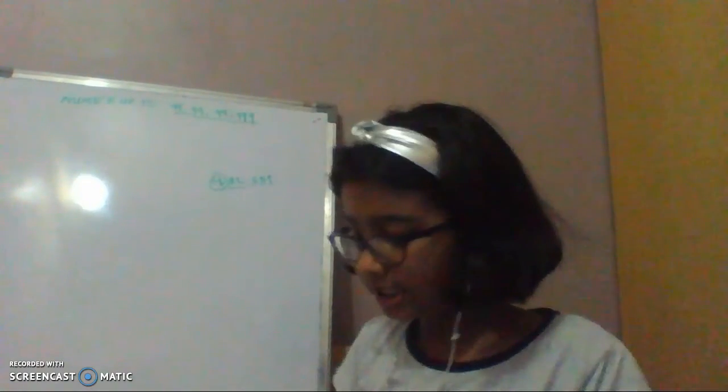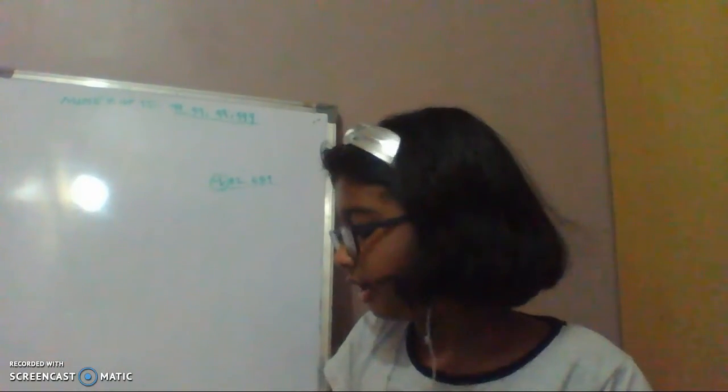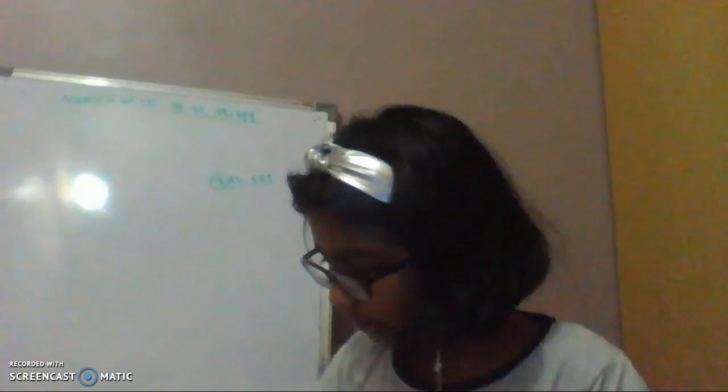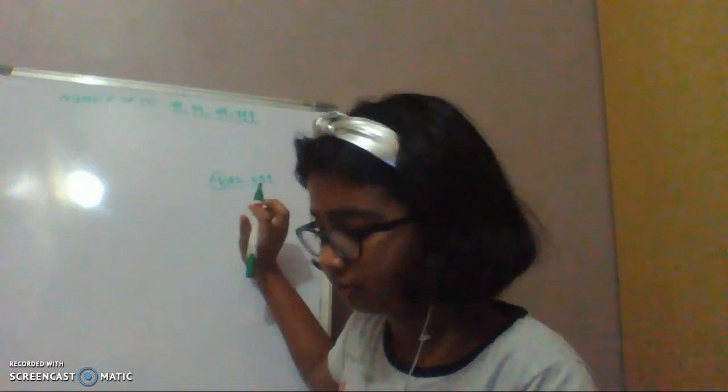The problem given is to write the period, place and place value of the uncircled digit in the following numerals. So the number is 4,81,659.